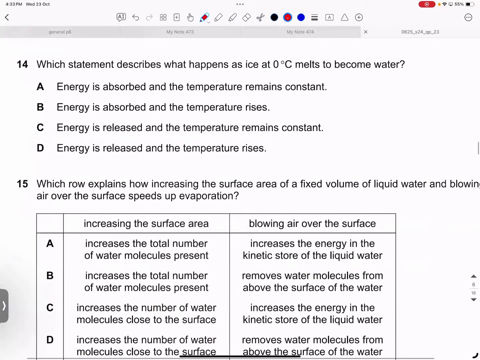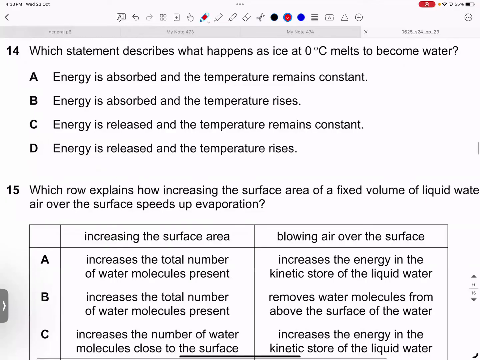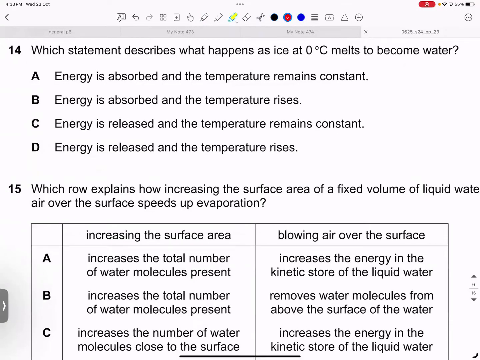Question number 14. Which statement describes what happens as ice at zero becomes water? This means ice is melting. So melting requires thermal energy.